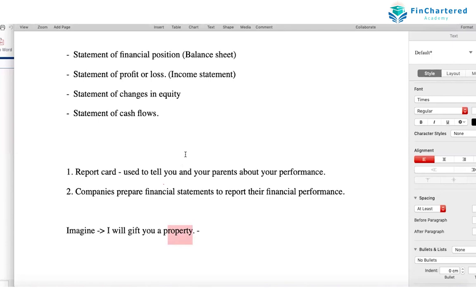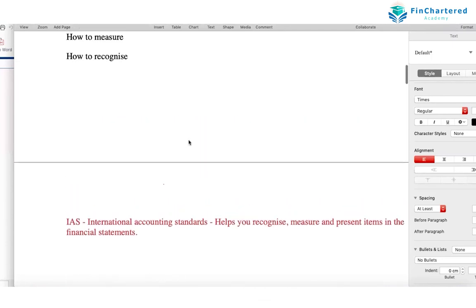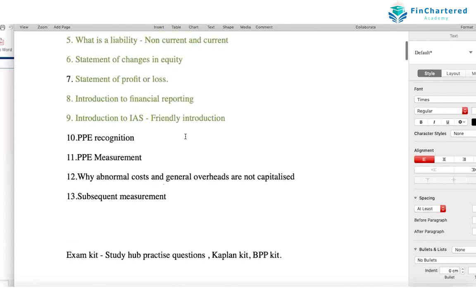So the second IAS that we're going to learn here is IAS 16. IAS 16 teaches you step by step how to treat property, when you will say something is property, how to measure it, and so on.